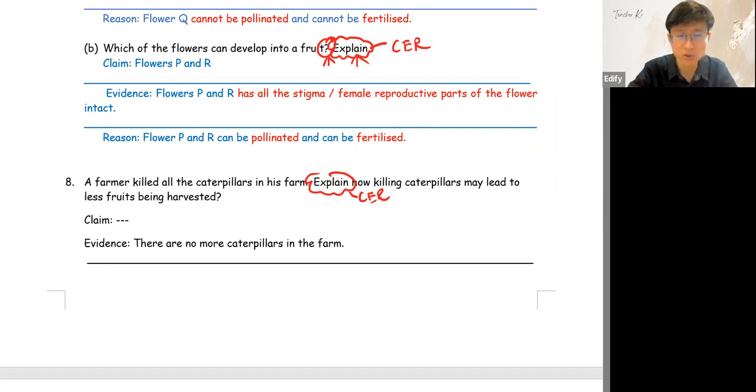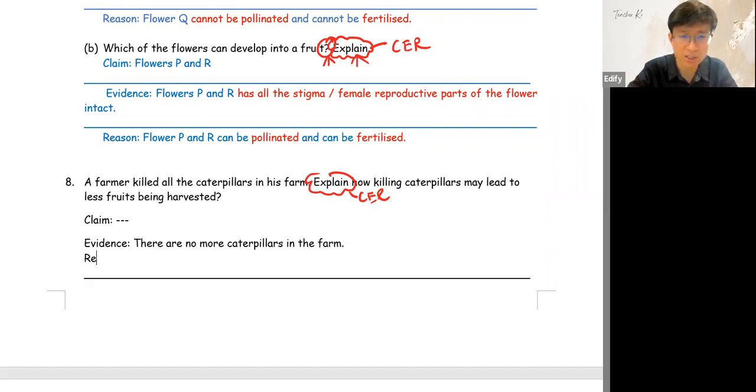All right, if there are no more caterpillars in the farm, how is this bad? There are no caterpillars to develop into butterflies.